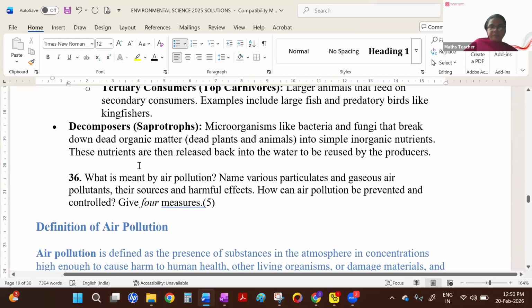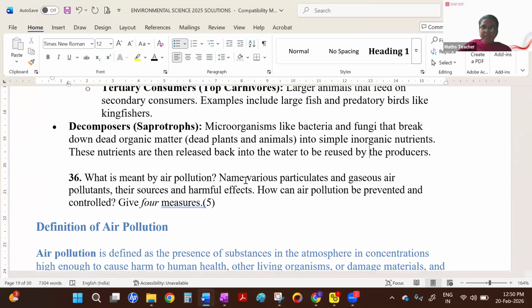These nutrients are then released back into the water to be reused by the producers. They will be absorbed by the plants, and then go to the other organisms, right? You can see that all of these nutrients are being circulated. There is a cycle happening there.